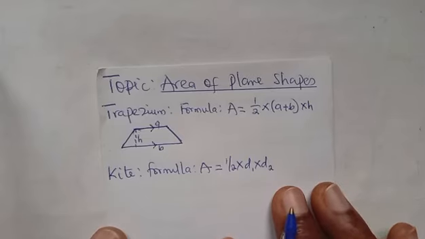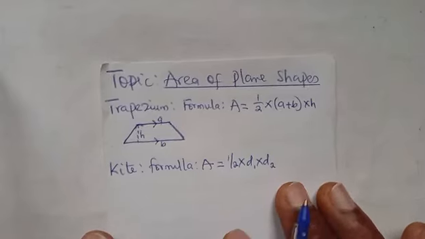Let's look at kites. We are going to use the diagram to explain the formula likewise. Look at something like this.